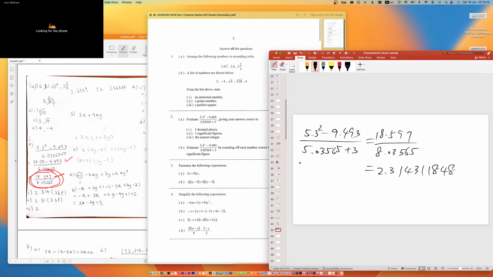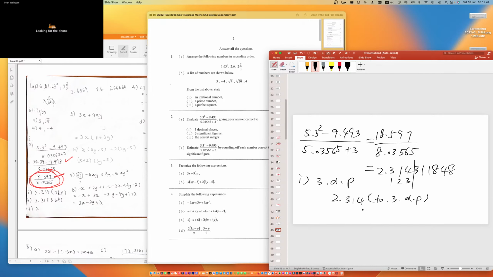Then now part 1, 3 decimal places, right? So for 3 decimal places, this is the first, this is the second, this is the third. Look at the digit behind. Add 1 into the third, or add 0. So it's 2.314 to 3 decimal places. Do I have to write 2? What do you mean?